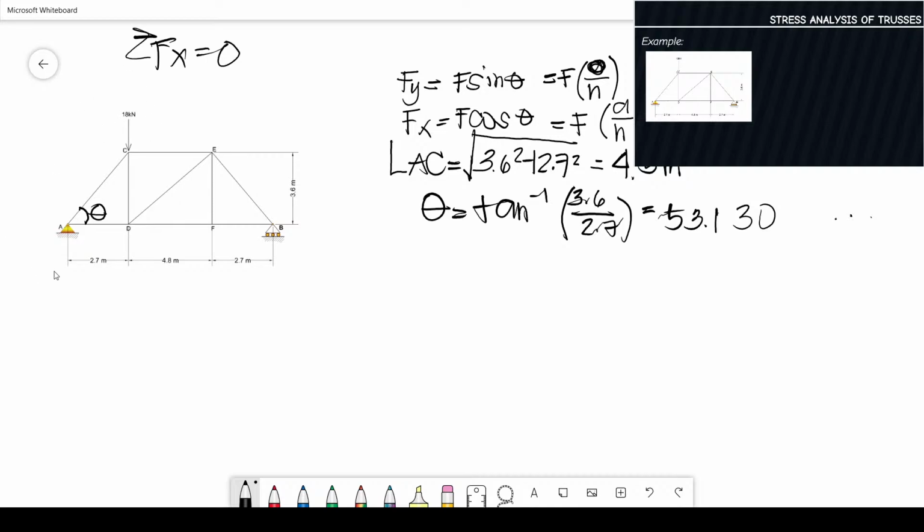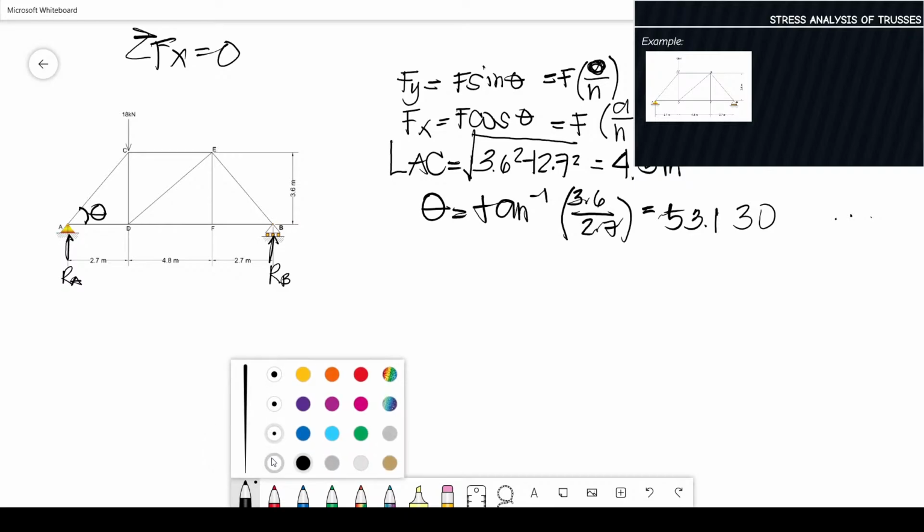So, our reactions would all be vertical reactions, here and here. Okay? So, we call these RA and RB.